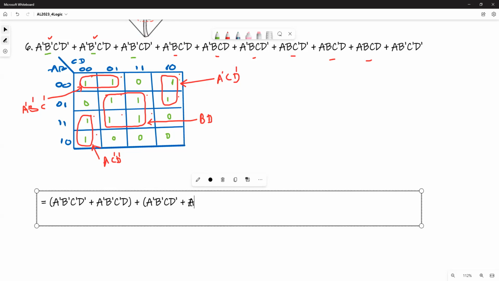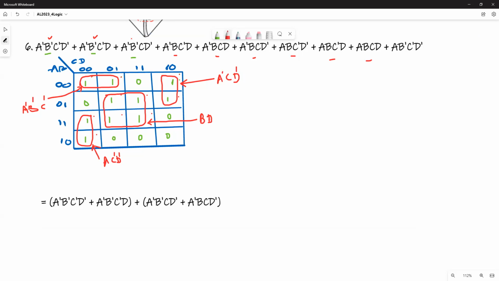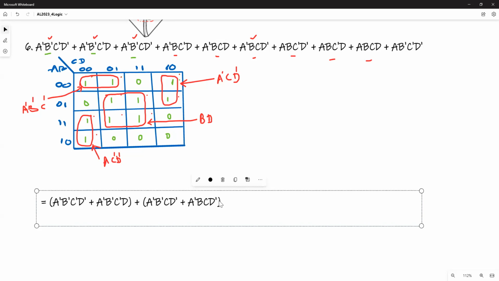So that is A dash B, then C, D dash. So that is another region I have identified. So if I look at what are the terms, I have taken this one, then A dash, B dash, C, D dash, that means this term. I have taken this term, isn't it? Yeah. Now I already know that. I already know the answer.